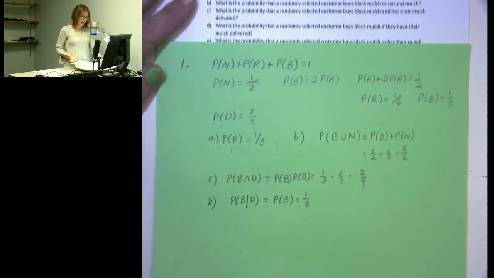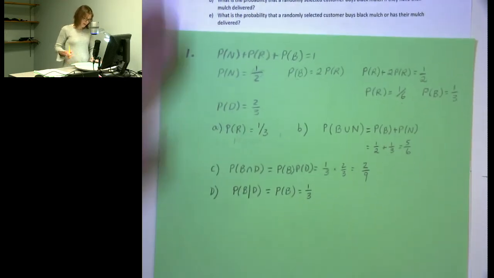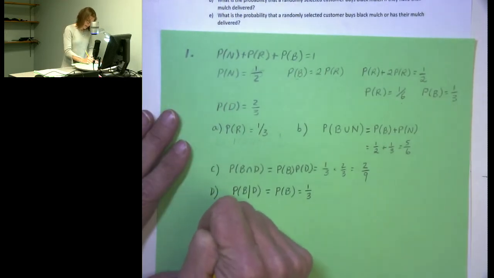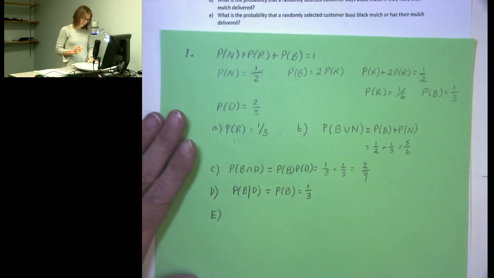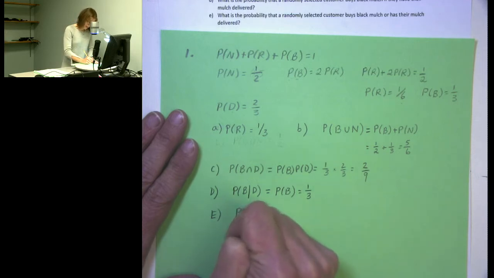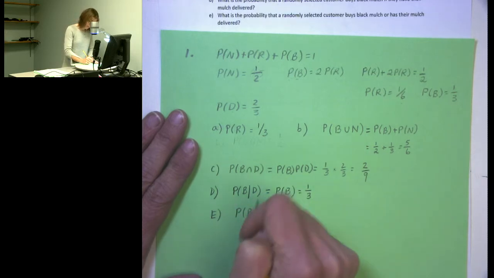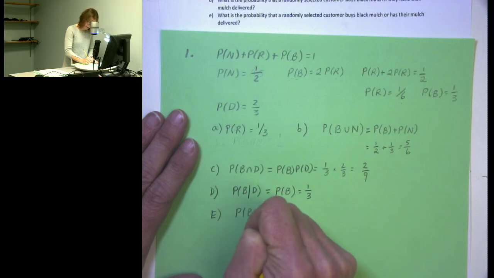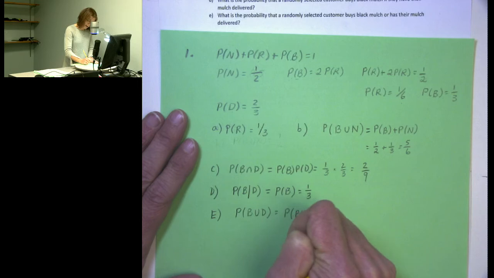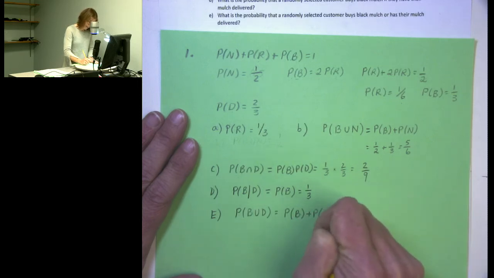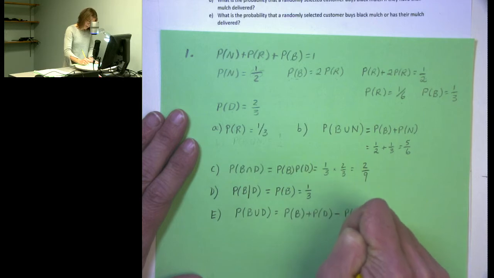And finally, part E of this question asks, what is the probability that a randomly selected customer buys black mulch or has their mulch delivered? Black or delivered. This would be the probability of buying black mulch plus the probability of having it delivered minus the probability of buying black mulch and having it delivered.